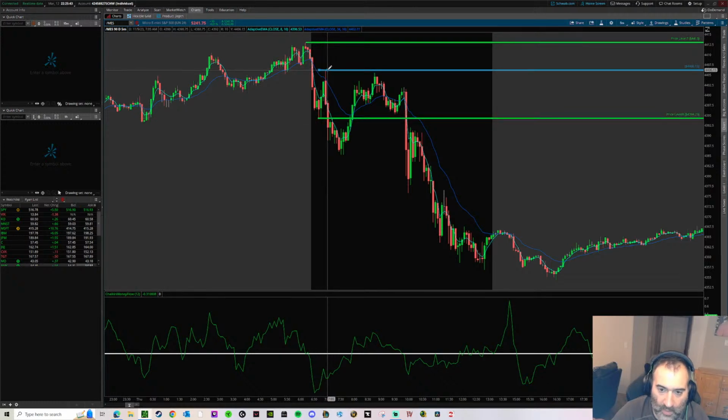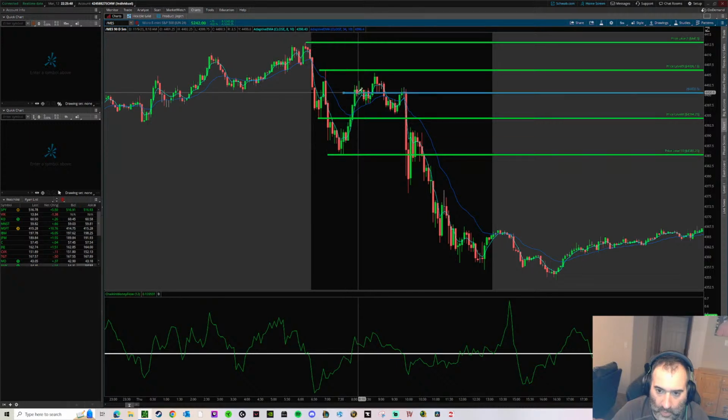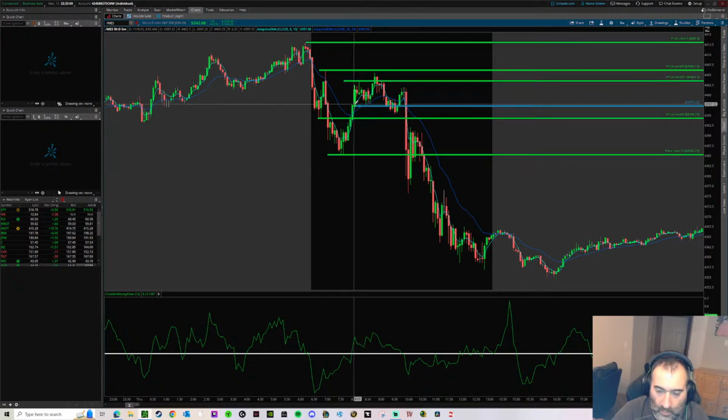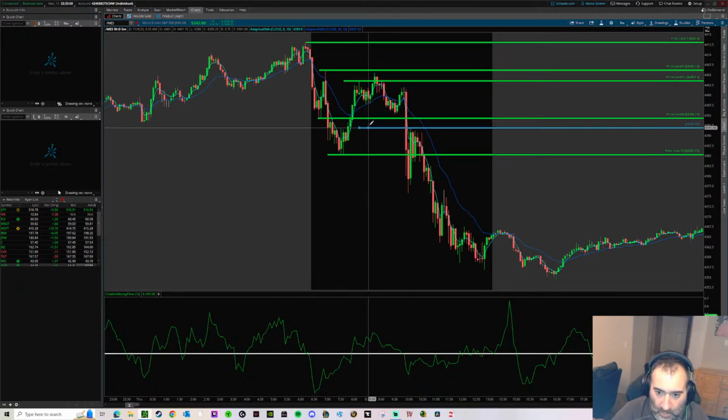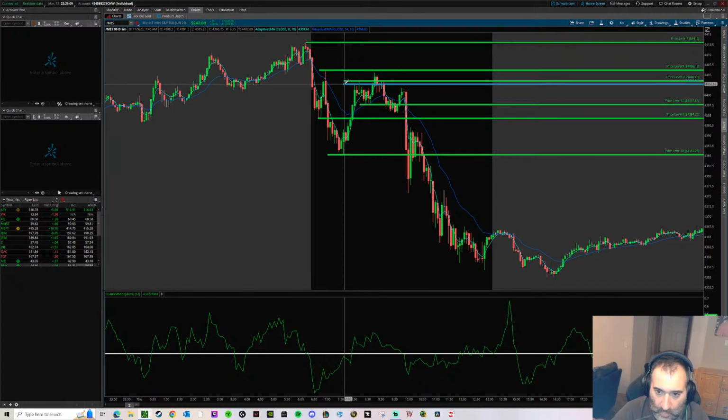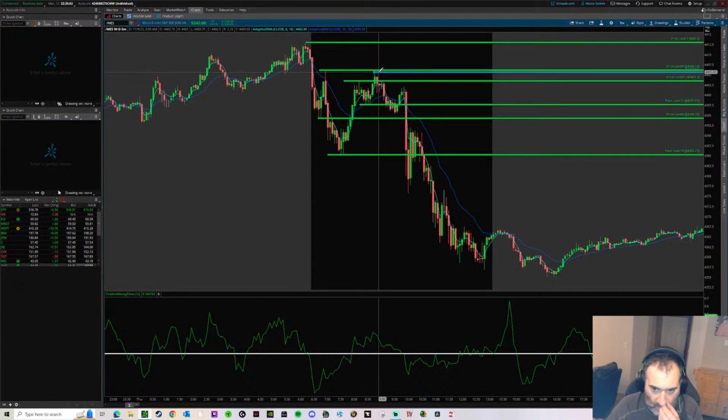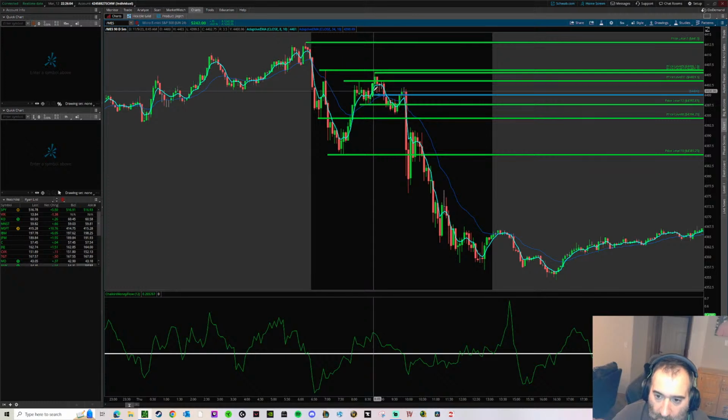We have a lower high, now a new lower low. Here's a new high, but it doesn't clear this guy. We have another low, which doesn't clear this one, so this could be an uptrend, right? And then here you even get a slightly higher high, so okay, we got an uptrend.